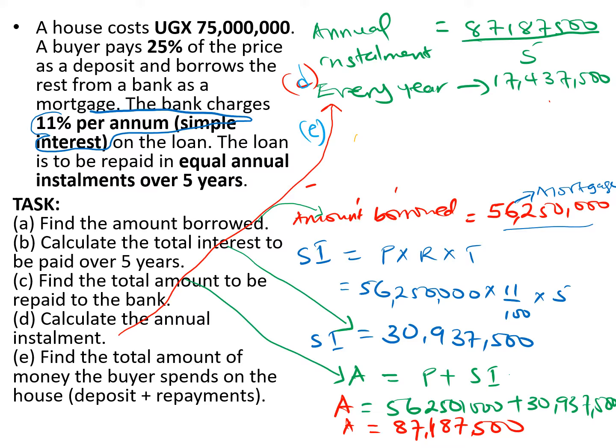So total amount is equal to amount plus deposit.